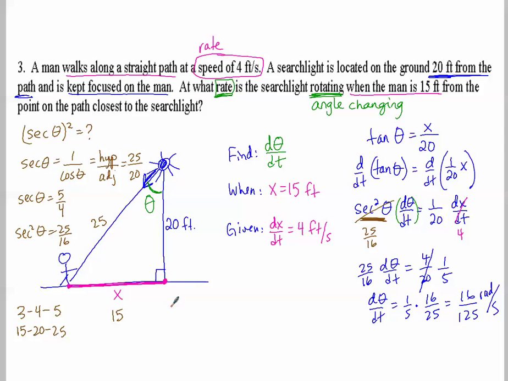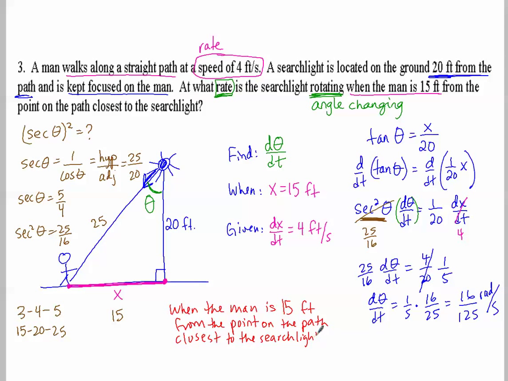So we can say, when the man is 15 feet from the point on the path closest to the searchlight, the searchlight rotates at a rate of 16 over 125 radians per second.